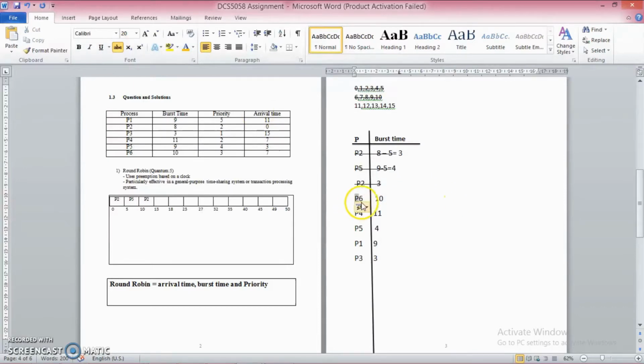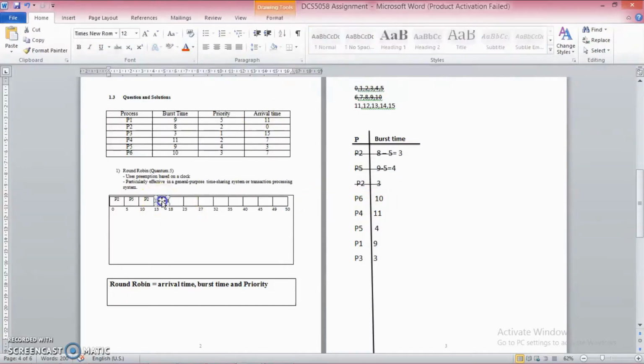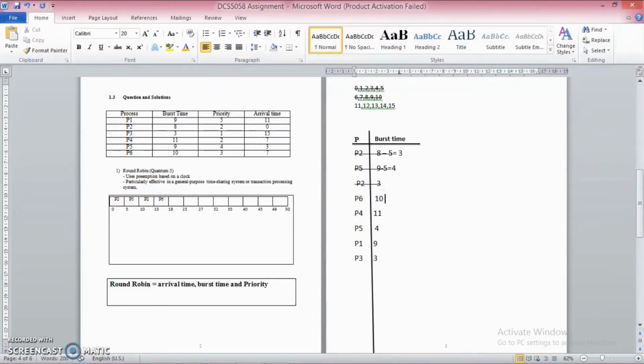And then P6, you minus with 5, what will you get? 5, right?